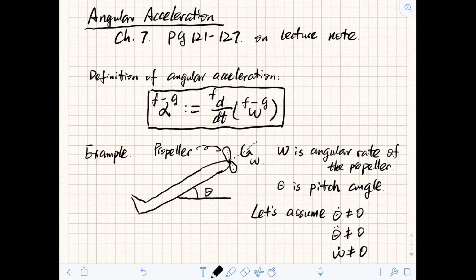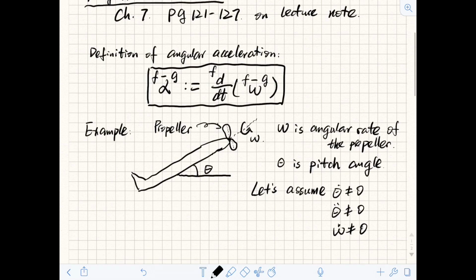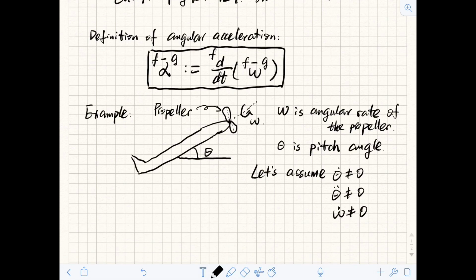So let's look at the example. We have an aircraft that's pitching up, and a propeller at the front of this aircraft is rotating with the angular velocity of omega. So theta here is the pitch angle, and omega is the angular rate of the propeller.